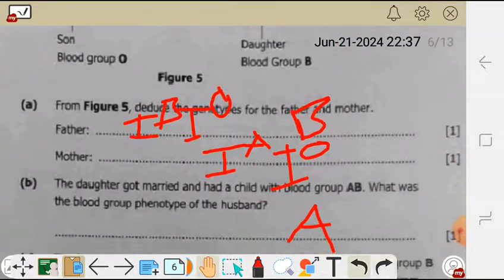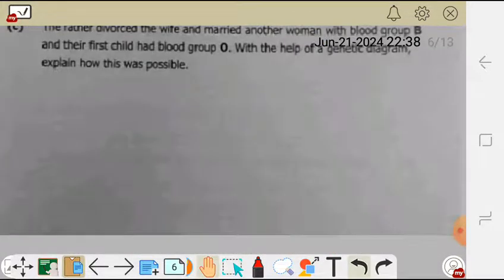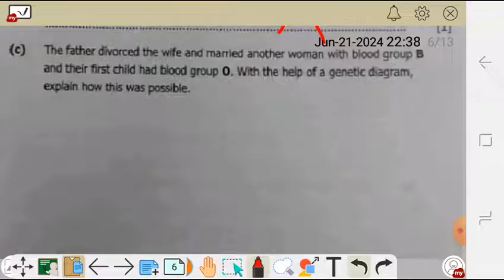So using a genetic diagram, let's show this. First of all, you write parent phenotype.